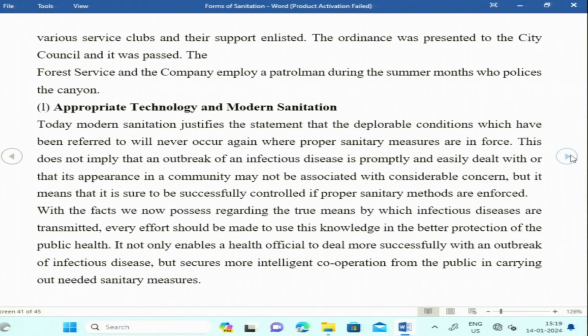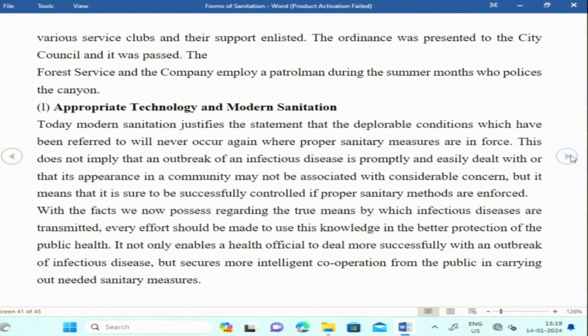The whole idea is that modern sanitation tries to justify the statement that the conditions which have been more deplorable have to be put into consideration. We speak about the issue of outbreaks of infectious disease, which is going to be an important aspect, and we are trying to understand things in terms of the proper sanitary methods which are to be enforced.